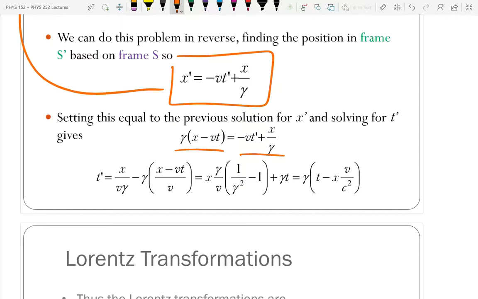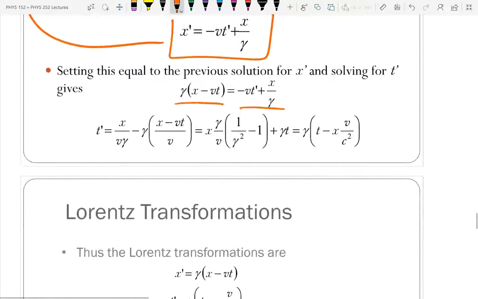So I went through the math here. One of the things that is a little surprising here to people is that when I do this solution, I had 1 over gamma minus gamma.